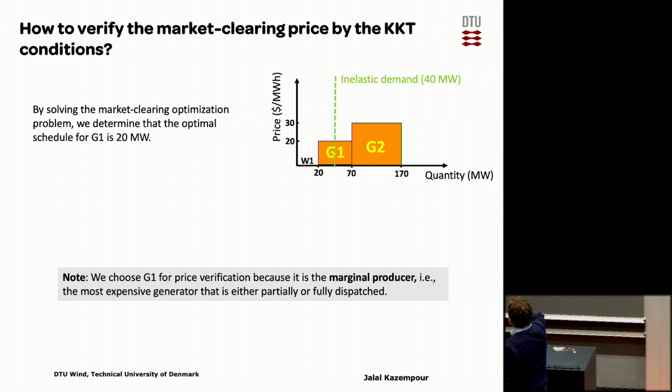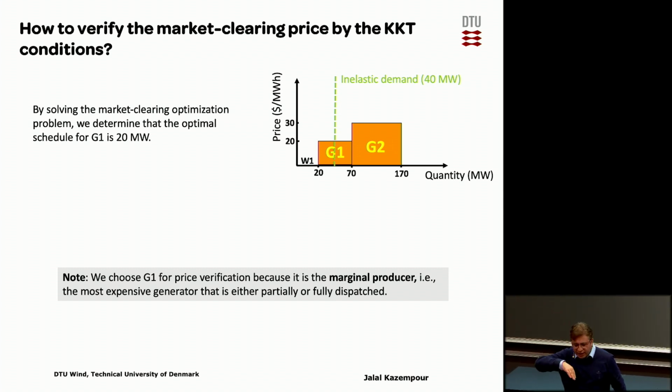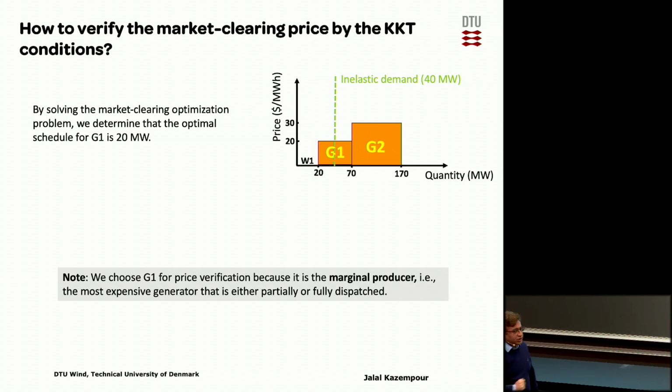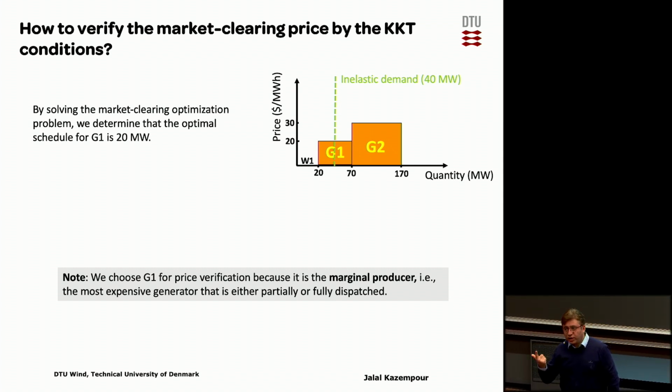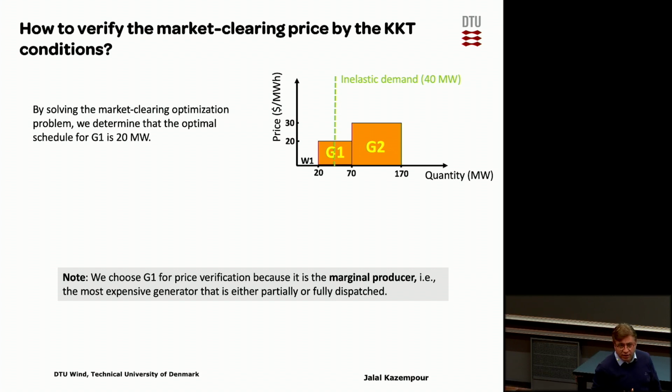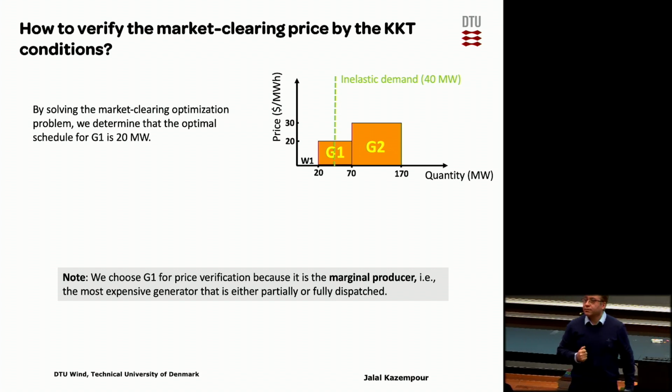Let's get back to our original problem. Ask Julia or Python, it tells you that the production of G1 is equal to 20 megawatt. Okay? So 20 megawatt is what Julia or Python gives us. Why am I talking about G1?